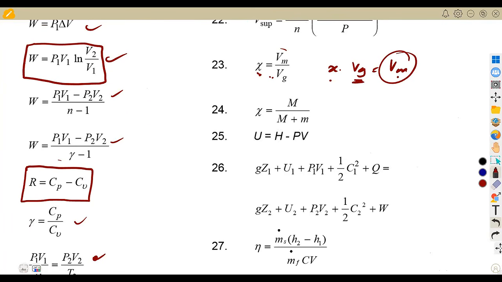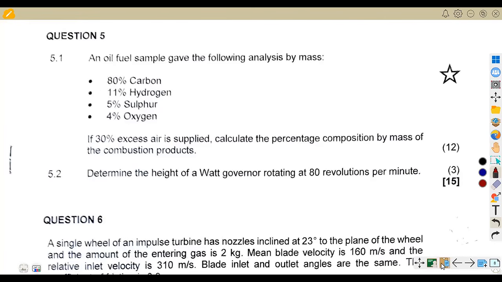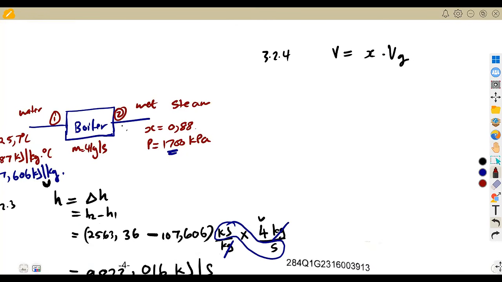Vg is the volume of dry steam at the given pressure. I want to show you here, at the given pressure of 1700, what is Vg? So V is equal to X, our dryness fraction, 0.88, times Vg at this pressure. We're talking about the wet steam, so the pressure of the wet steam is 1700.